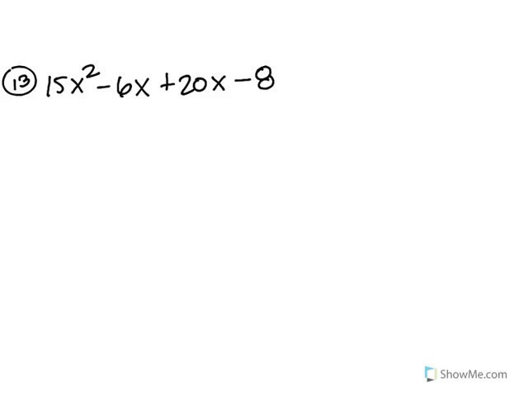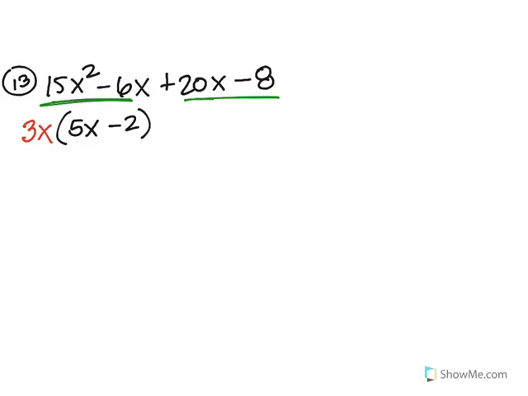I would have combined the middle and just factored it, okay? But I'm going to show you both. It's set up as a grouping. If you look at the first two, you can take off a GCF of 3 and an x, and that would leave us with 5x minus 2.